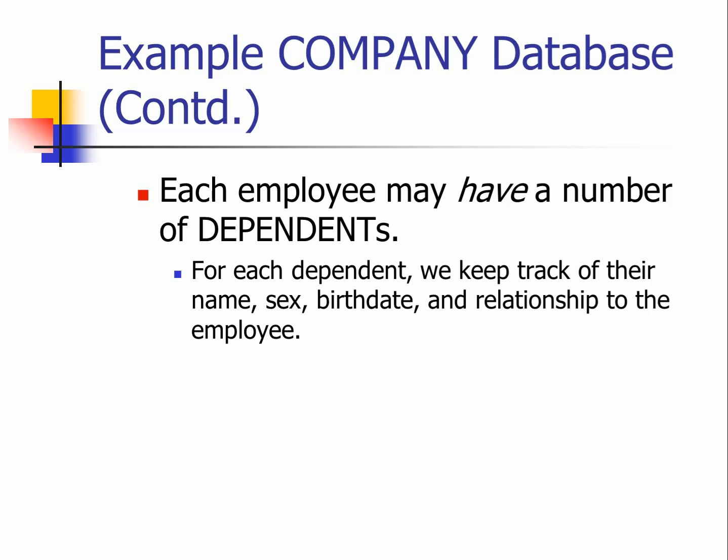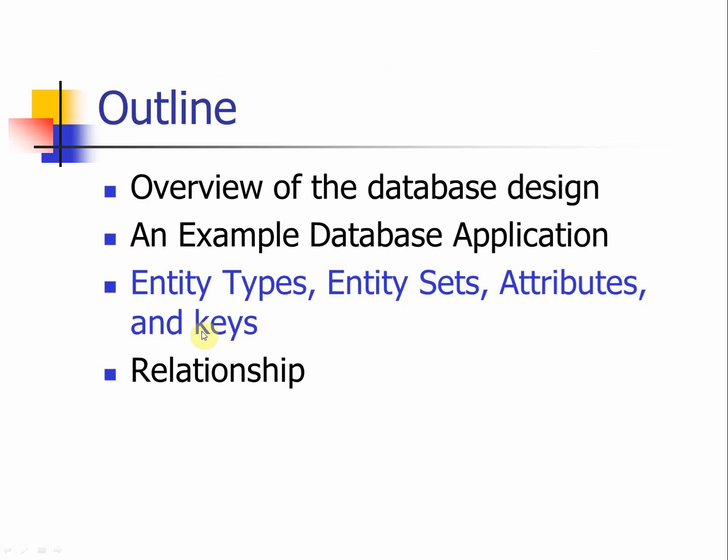The 4 tables include employee, department, projects, and dependents. In our next video, we want to talk about how you describe each table, which is the entity part, and then we will look into how we link those tables together through the relationship topic.